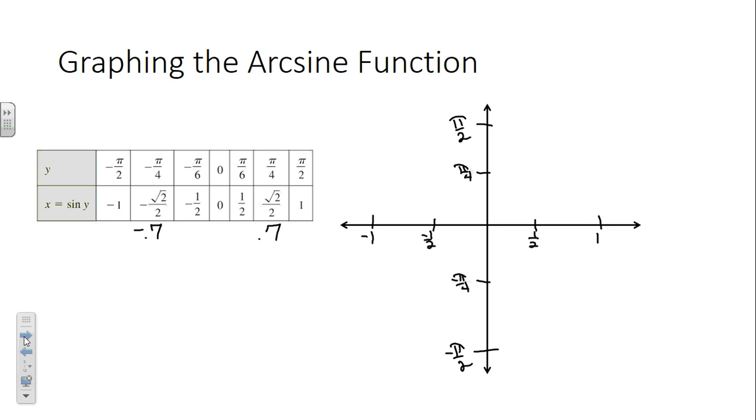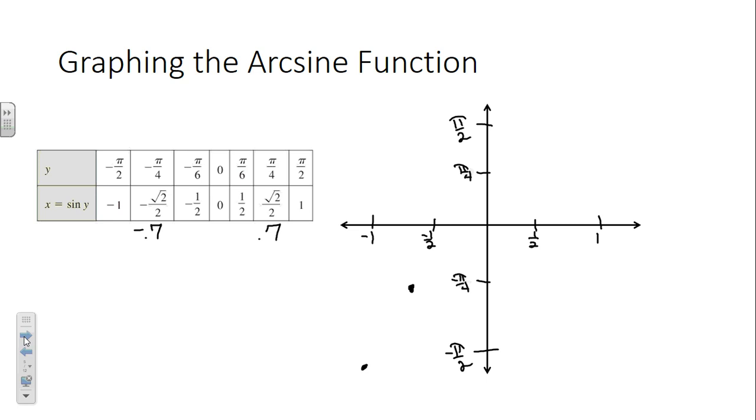So when x is negative 1, our y is going to be negative pi over 2. Sorry, went the wrong way. When we are at a negative 0.7, we're going to be at a negative pi over 4. When we're at a negative 1/2, we'll be at negative pi over 6.